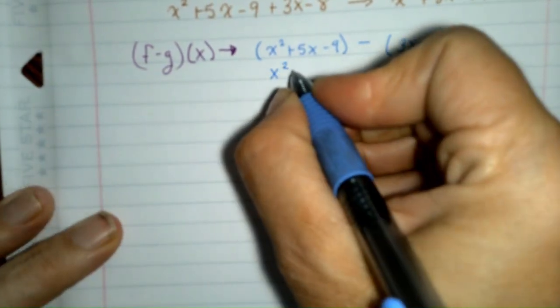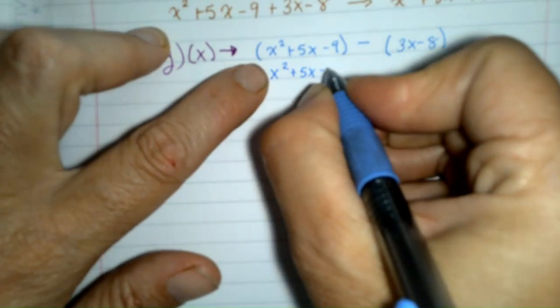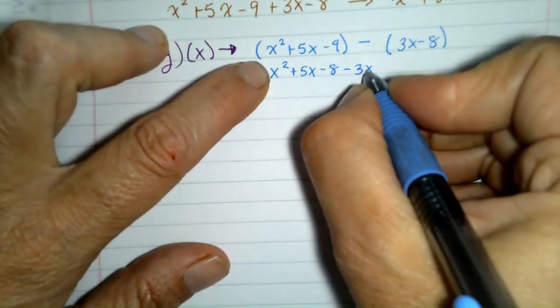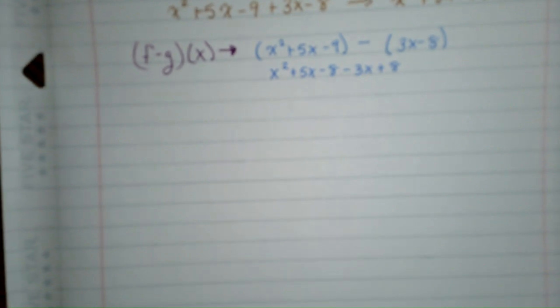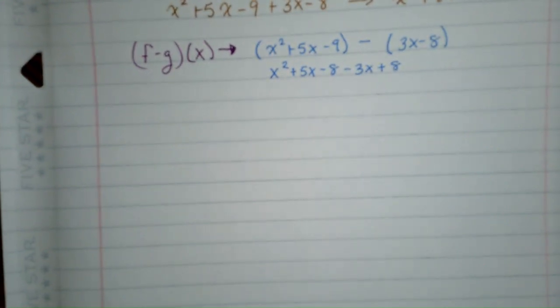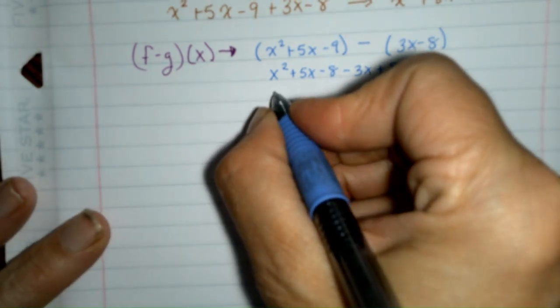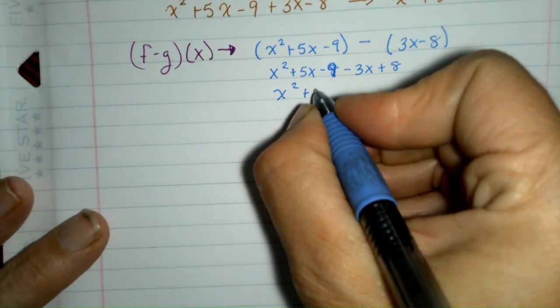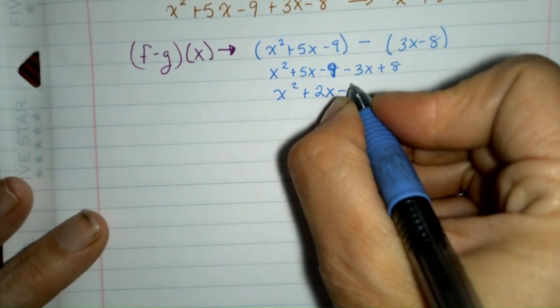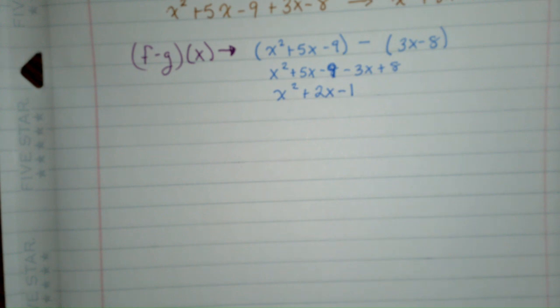So x squared plus 5x minus 9 minus 3x plus 8. Careful, that sign error is one that's very common because some people don't substitute using parentheses and they forget to distribute the minus sign. So that gives us x squared plus, that should have been a 9 right there, plus 2x minus 1. That would be our final answer.